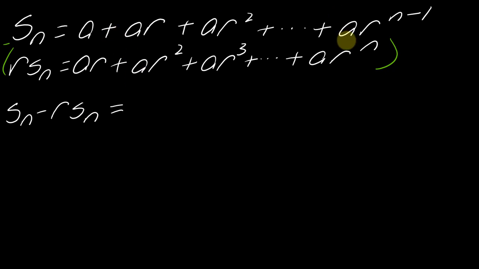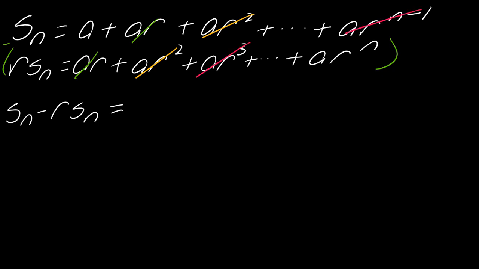On this side, we just want to be a little careful. As I look through this, these ar terms will cancel, and then these ar squared terms will cancel. If you think about the pattern, the only two differences between these two sums are this a and this ar to the n, because the other sum only goes up to ar to the n minus 1.